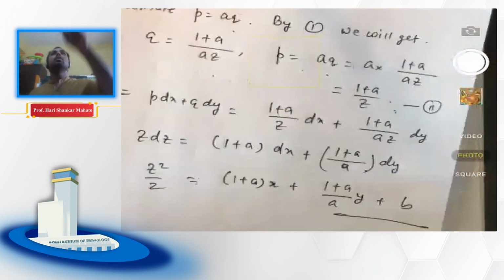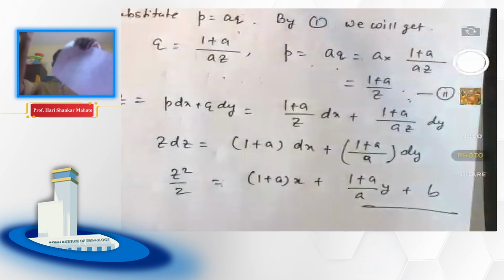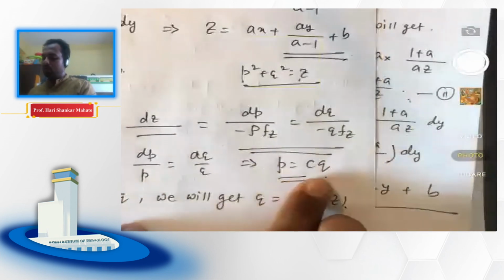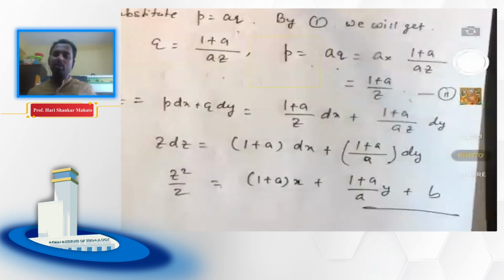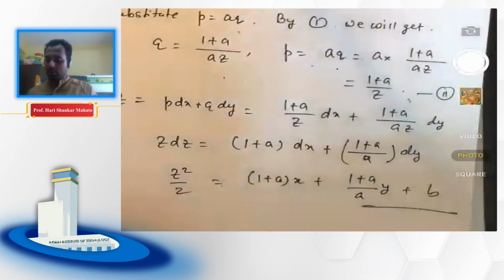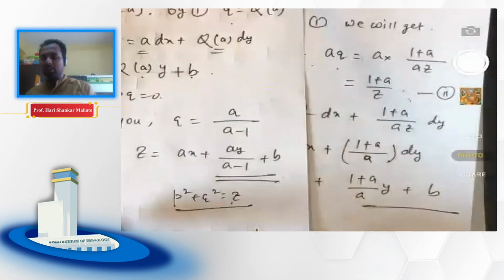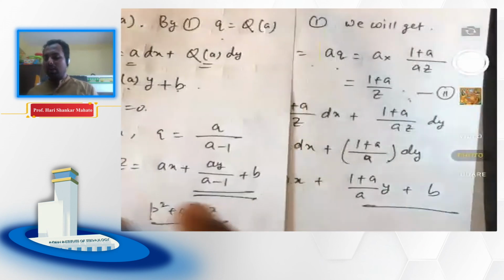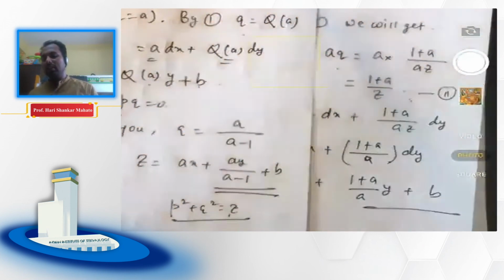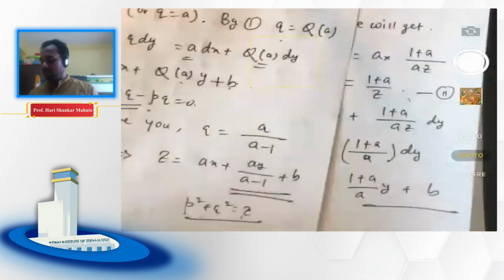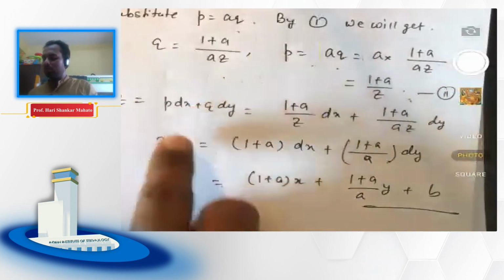Yes, we can also substitute for q in this relation, and then we can obtain p equals some capital P of c and z. That means it is a function of c and variable z, and then you again come back to this relation.